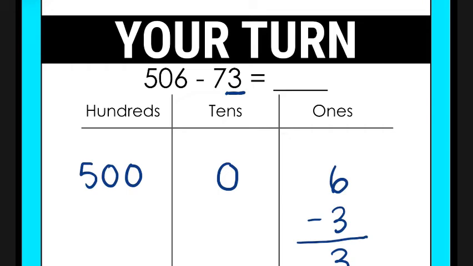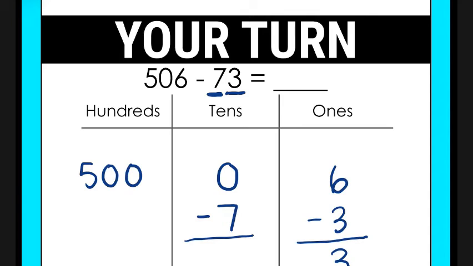Now let's move on to our tens. How many tens do I need to take away? I need to take away 7 tens. So now I'm going to set up the problem 0 minus 7. If I have 0, can I give away 7?